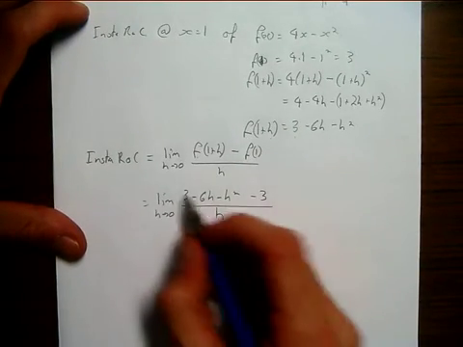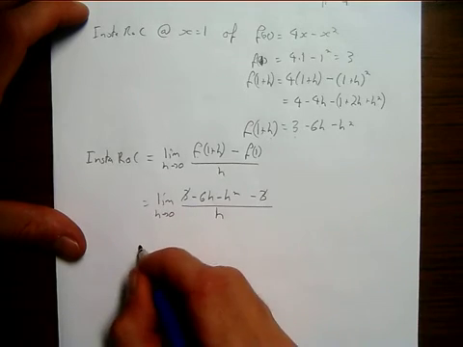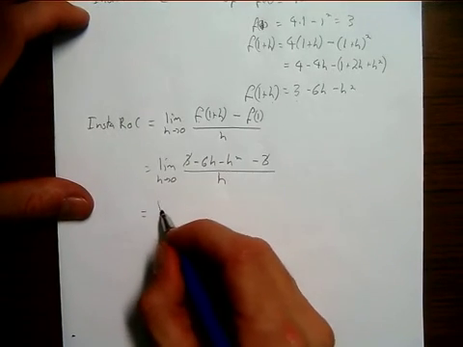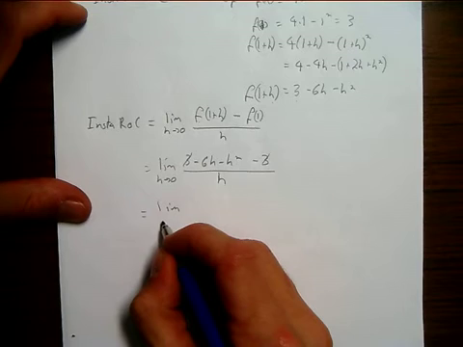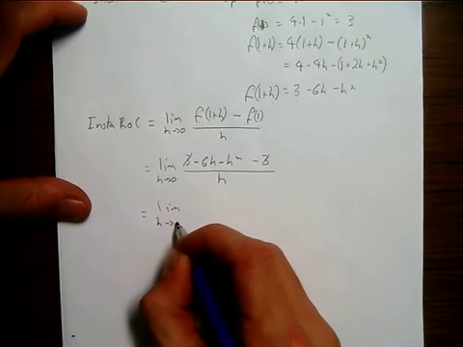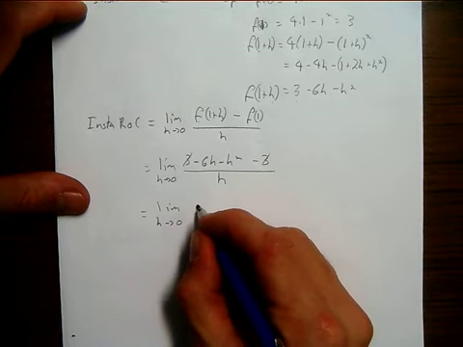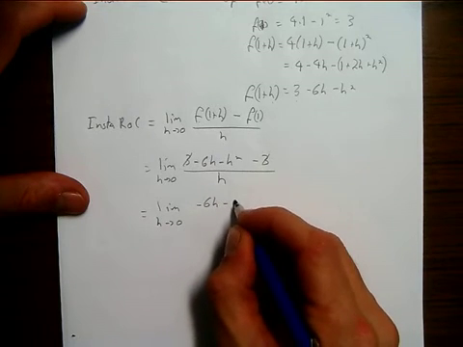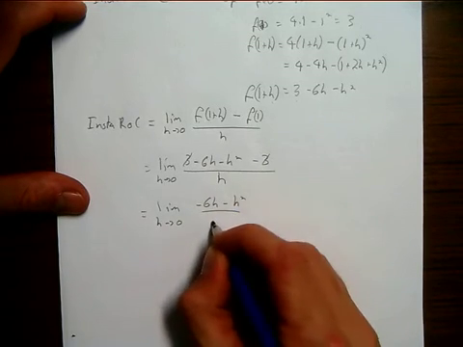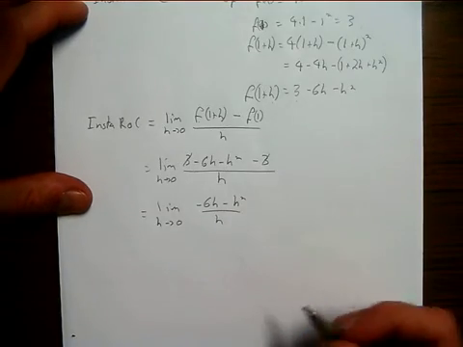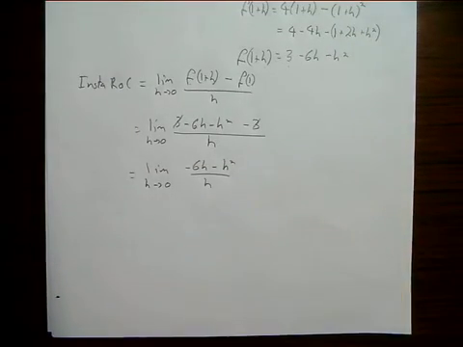Now, these 3s are going to cancel out. So I have the limit as h approaches 0 of negative 6h take h squared on h. Now who can see what I can do with this?